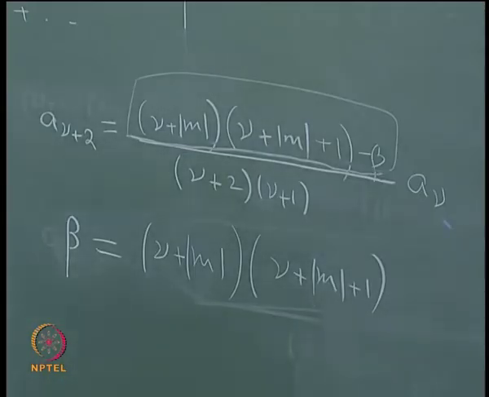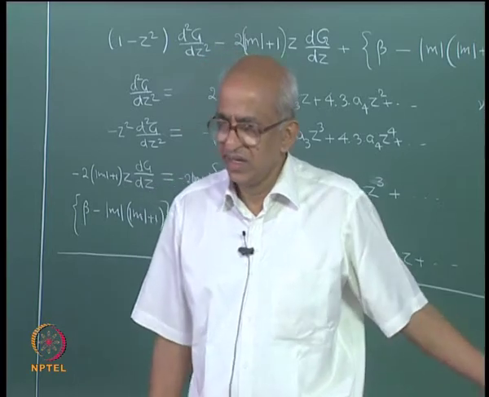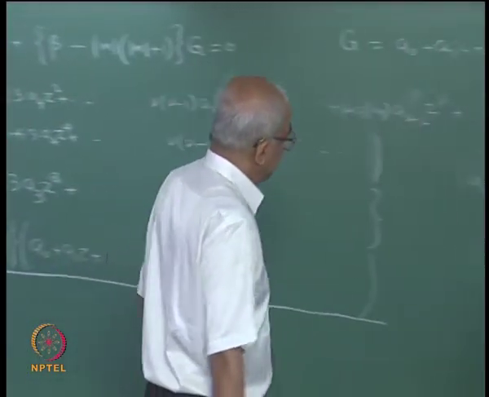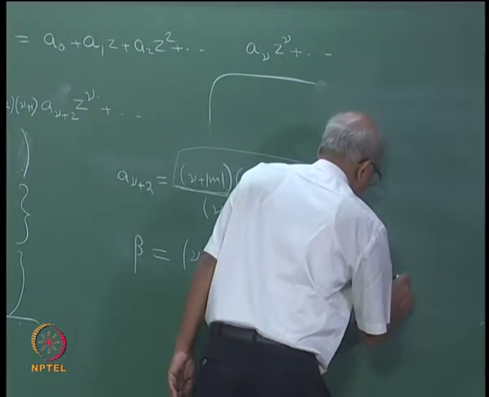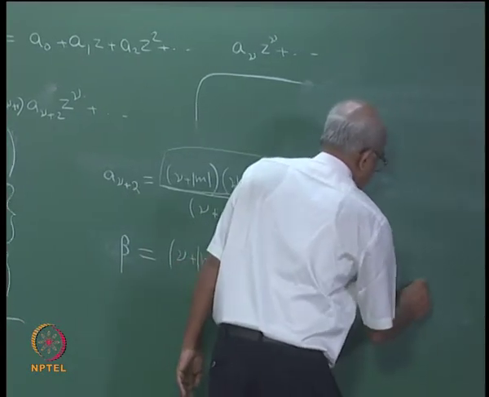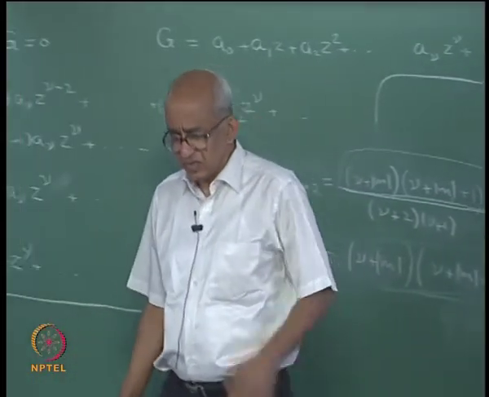But what is the value of nu that you can have? Nu you can have 0 or you can have 1 or 2 or 3 or any number you like. So, you have the freedom, you can choose nu to be equal to 0. So, you say okay, nu may be 0 or nu may be 1 or 2 or 3, it has to be an integer including the value 0.